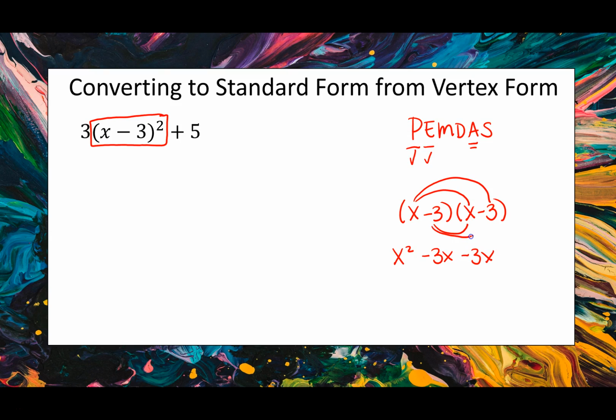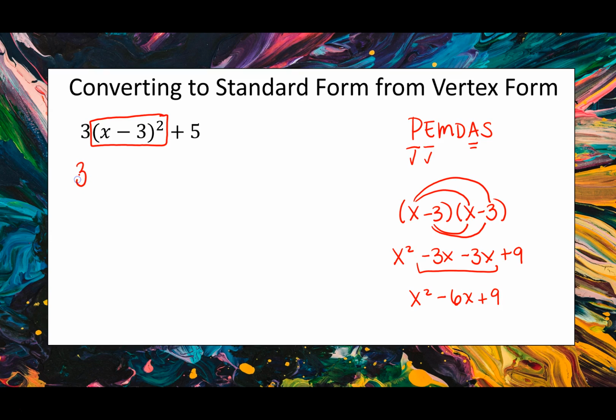And my last would be negative 3 times negative 3, which is a positive 9. I'm going to combine my inner two terms. A negative 3x subtract 3x makes us even more negative, and that's going to give us a minus 6x, and then plus 9.